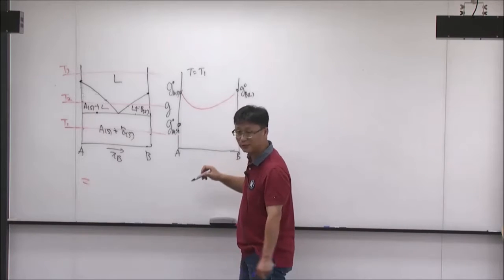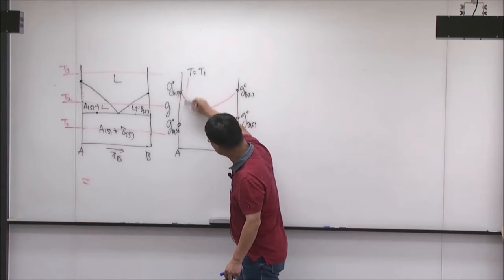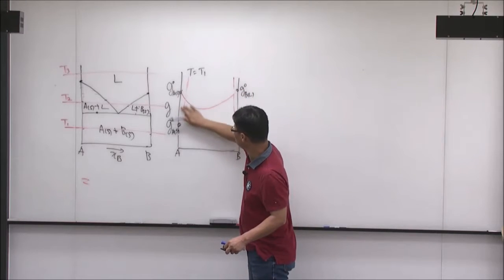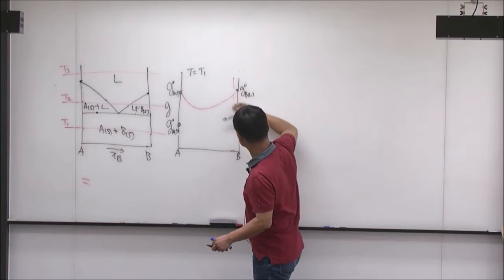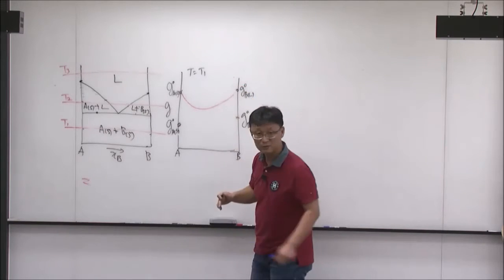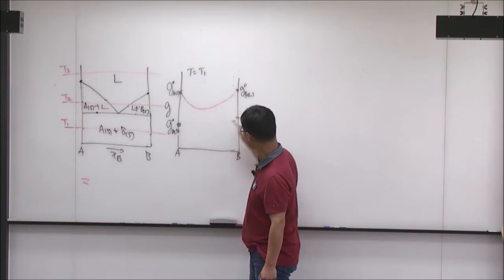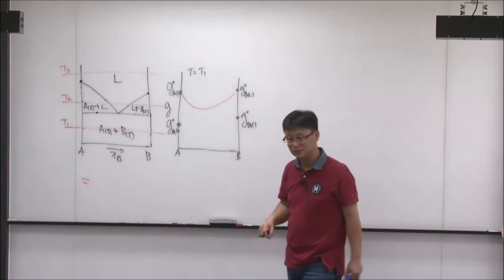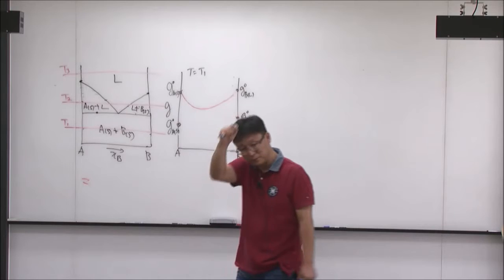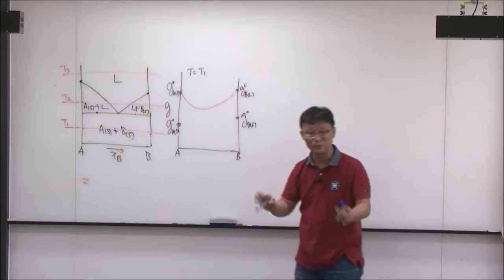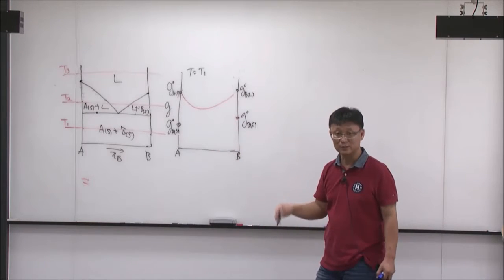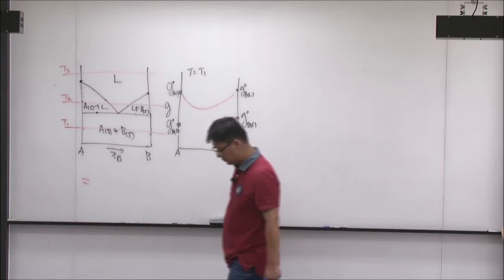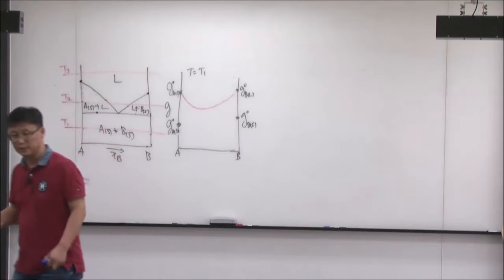And some people try to say that, okay, Gibbs energy like this, it doesn't matter. This is just arbitrary. You can even say that this is a point Gibbs energy, because there's no solubility of the other. Theoretically, it could be very small, so that's why people try to draw a little bit of a line. Doesn't matter. That doesn't change anything here. Okay, now, is there any common tangent line here?